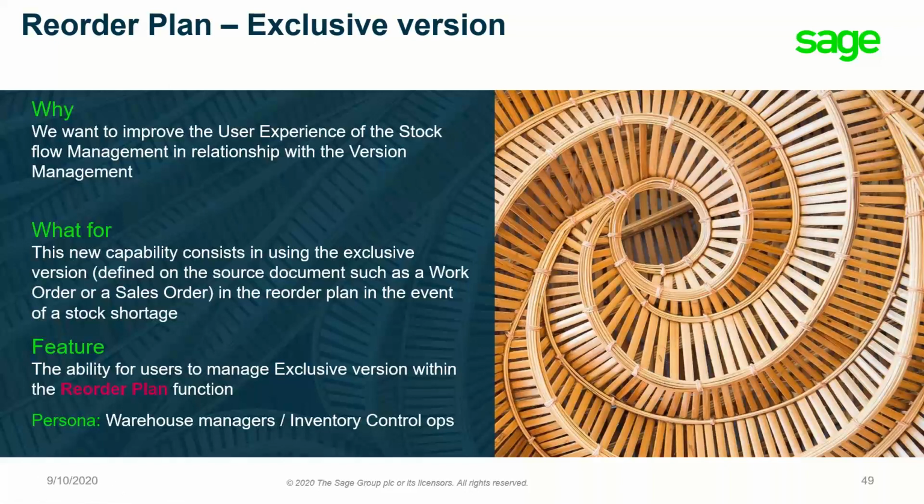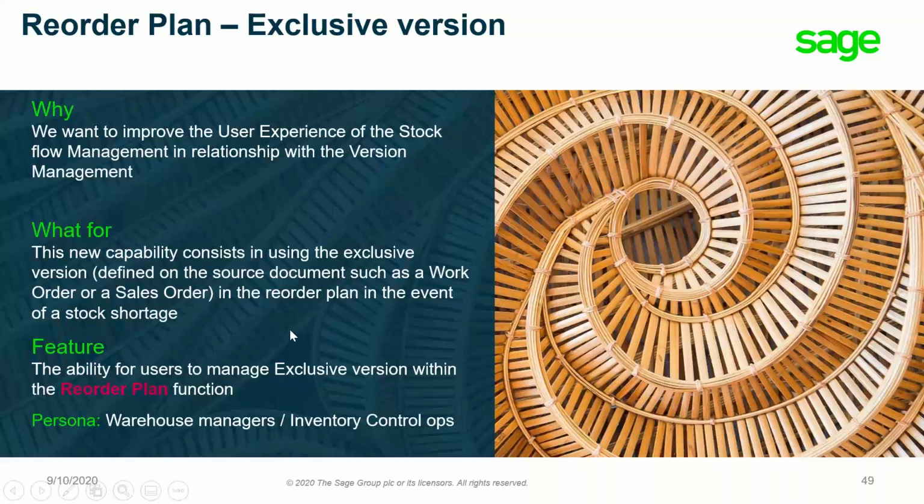So what does it mean? First, you need to understand what the reorder plan function is in X3. This function allows users to run the automatic suggestion for stock replenishments of the locations where there is a stock shortage generated in Sage X3.